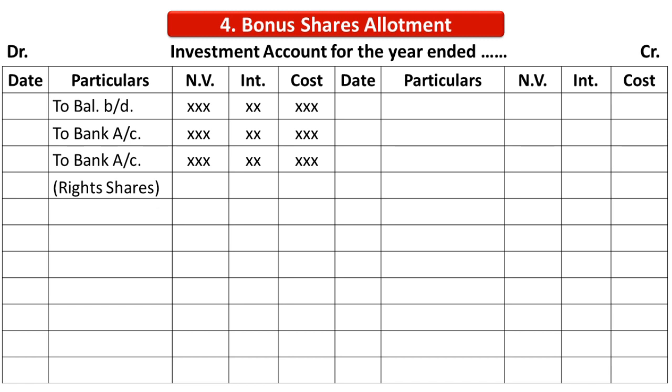But since shares come in, that is investment comes in, it should be debited to investment account as to bonus shares, and we have to record only nominal value or face value in the column of nominal value and nothing to be written in the remaining columns. In the cost column we have to write 0. It means nothing to be written.